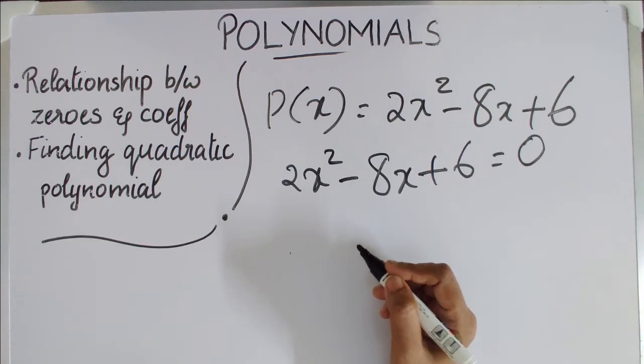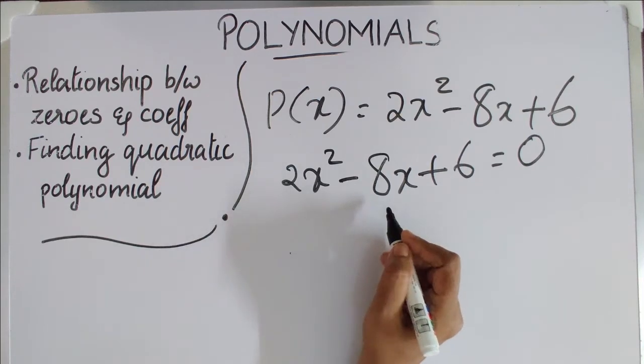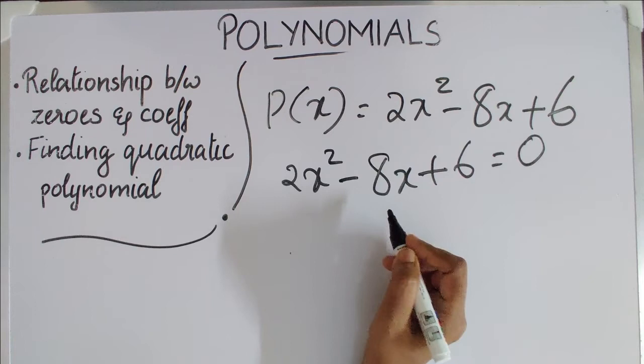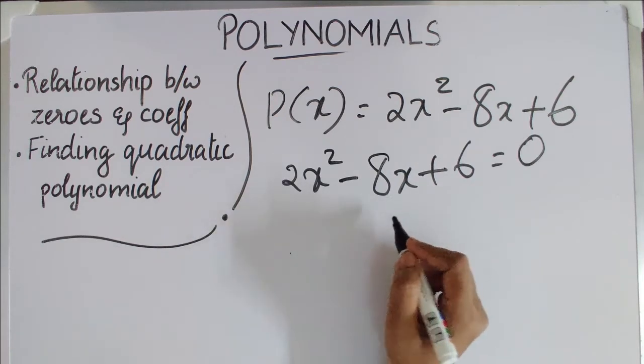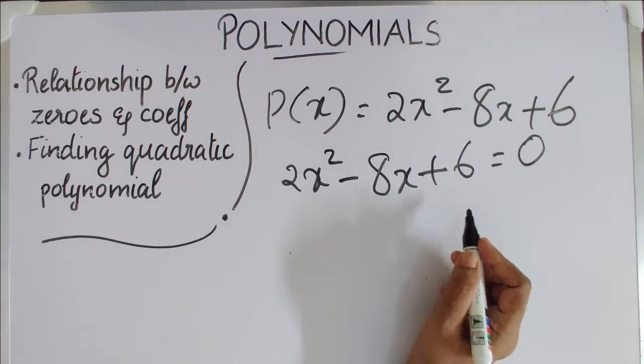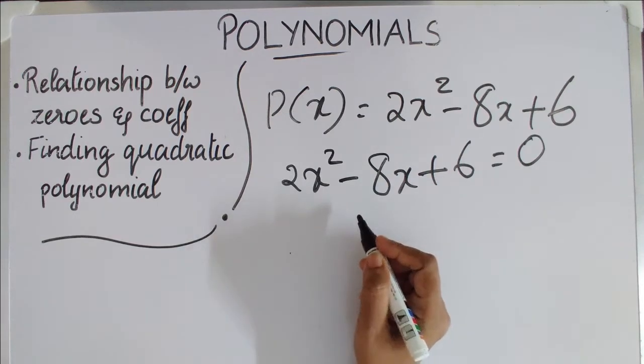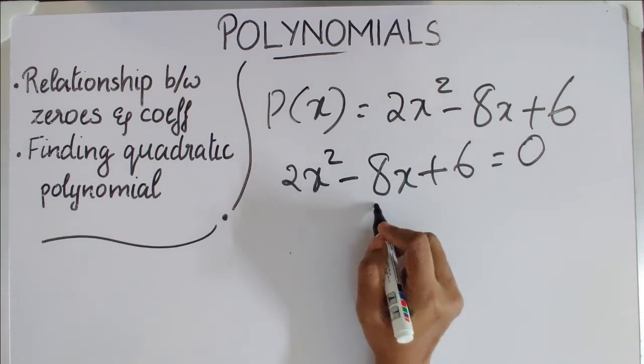Find the value of x in this equation. So the next step is to factorize this equation. For factorizing this, we need to split the middle term.